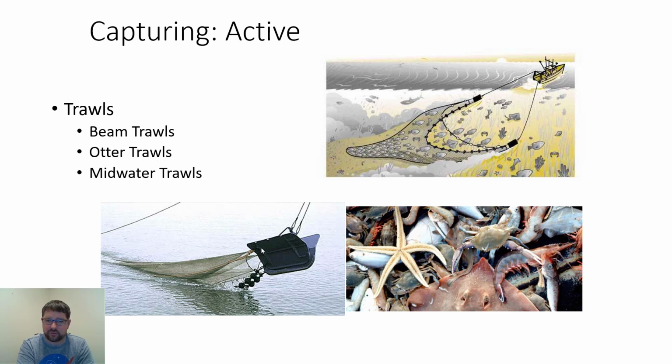But again, you'd have otter boards or beam boards that would open that net and allow you to go through the water. Now, depending on the size, most of the time, if it's a commercial fishery or even a scientific vessel, these cables are all hooked to an electric reel, which would reel this net back in after you've done a certain distance pass, or after the net reaches a certain poundage.